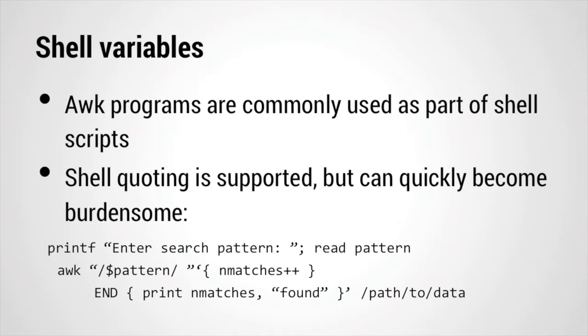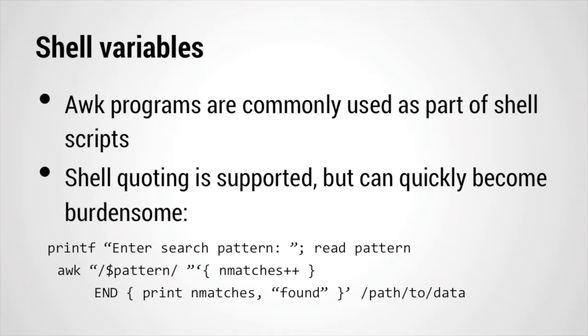Shell variables. So this gets into the details a little bit more. Since awk programs are very commonly used as portions of bigger shell scripts, it would of course be vital that awk be able to access shell variables. And there's two ways that this can be done. The first way, which is considered the more common method, is to use the quoting conventions of the shell to strip a variable in.